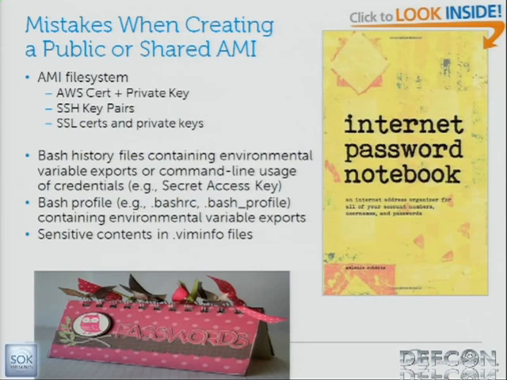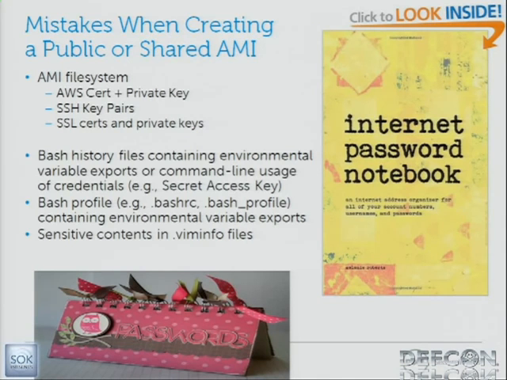So when creating a public AMI or an AMI that you share with other users, there's a number of ways that you can accidentally leak your own credential material. On the file system itself, you may have your Amazon Web Service certificate and private key. You might have SSH key pairs, either an authorized key that Ben mentioned, or an actual identity key.